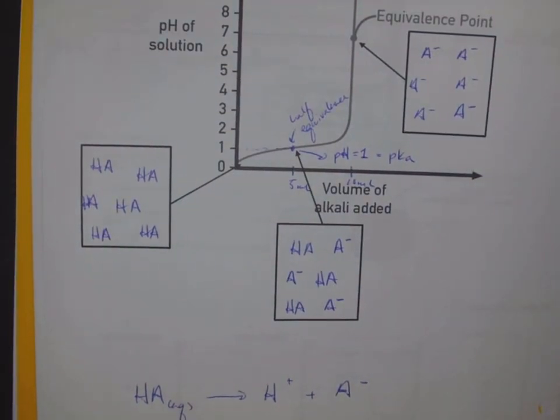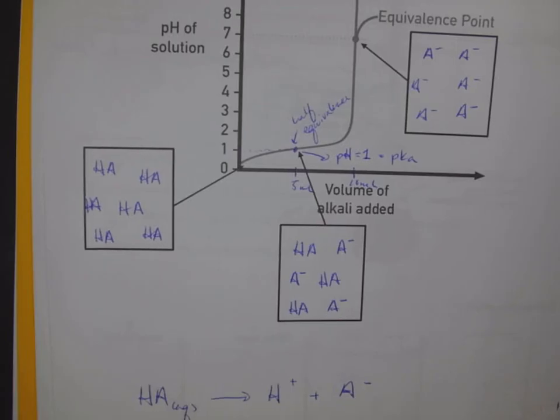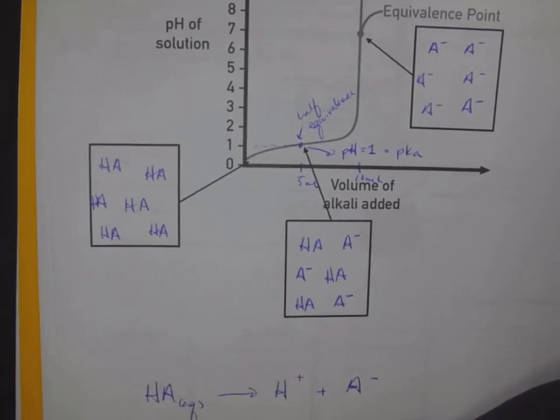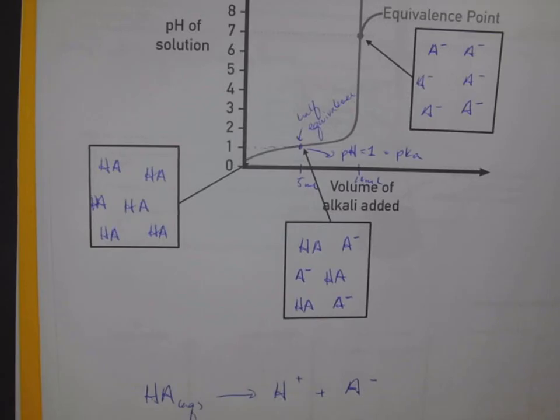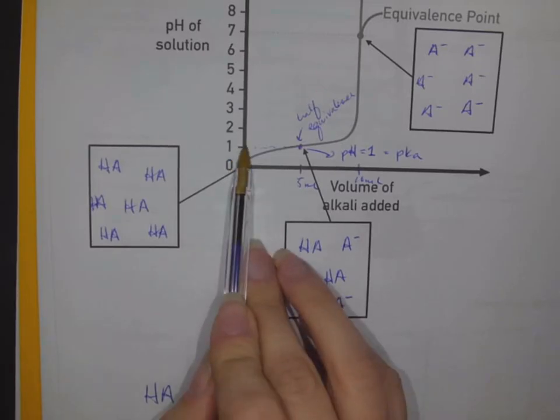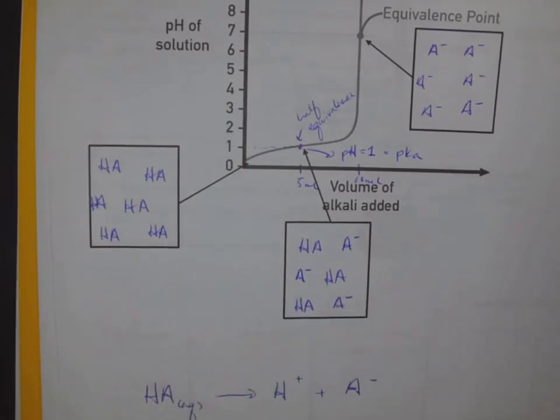Now I want to make sure I'm phrasing that correctly, so let me double check. Yep, exactly. So at this point the pH, which was 1, is equal to the pKa.